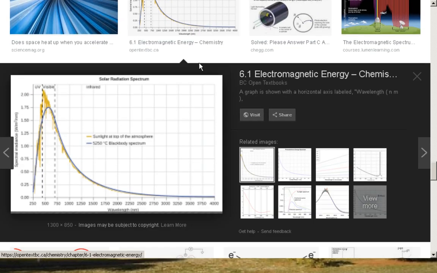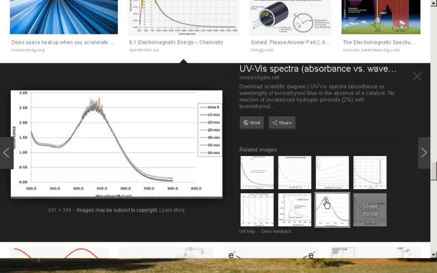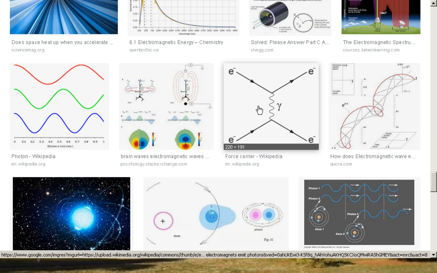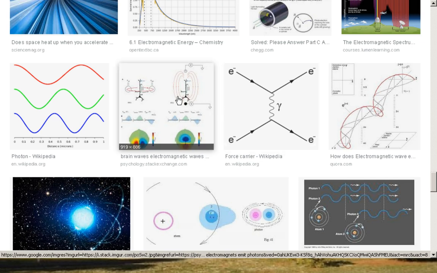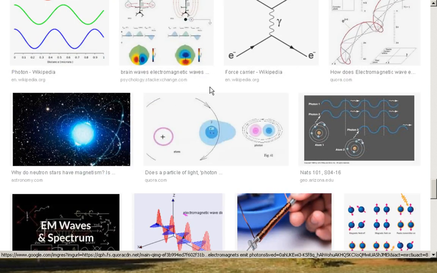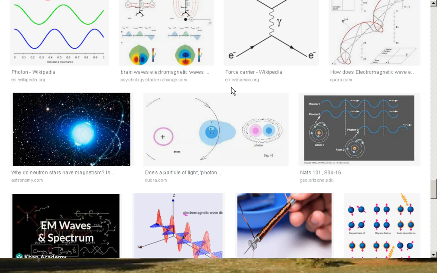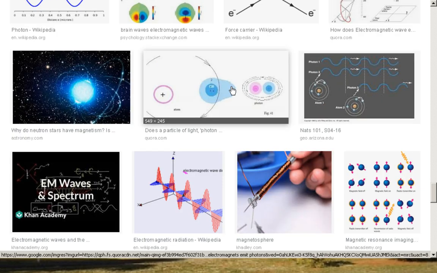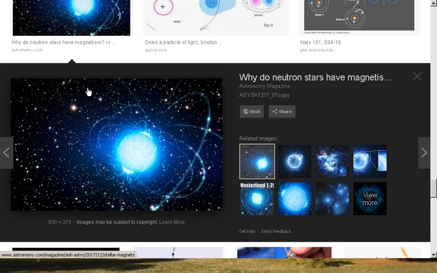Electromagnetic energy. Brain waves as electromagnetic waves. What picture is this?